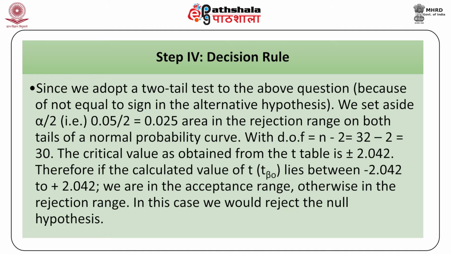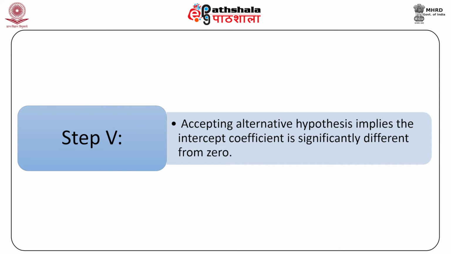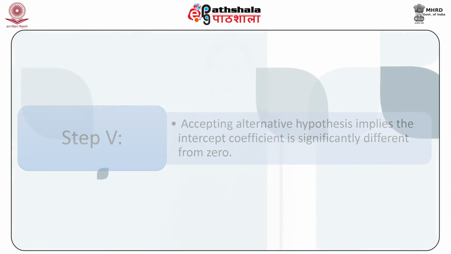The critical value as obtained from the t table is plus minus 2.042. Therefore, if the calculated value of t beta naught lies between minus 2.042 and plus 2.042, we are in the acceptance range, otherwise in the rejection range. In this case, we would reject the null hypothesis. Step 5: accepting the alternative hypothesis implies the intercept coefficient is significantly different from 0.